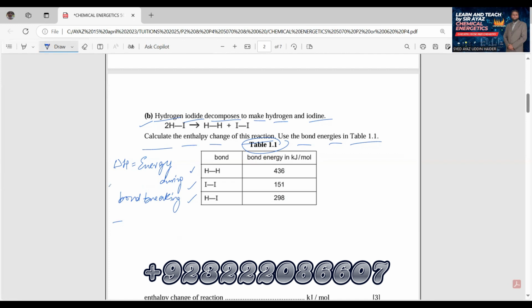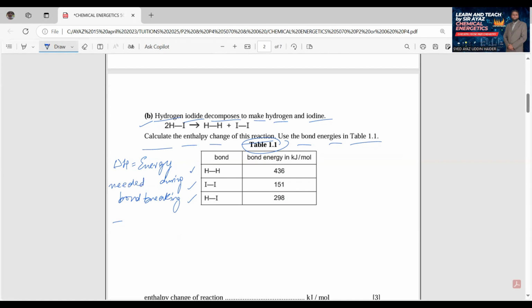So you write energy needed during bond breaking. Then you subtract energy released during bond making.